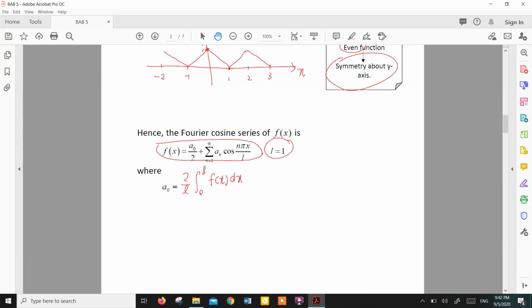So you need to find a0. 2 over 1 is 2, from 0 to 1, f(x) is 1 minus x dx.